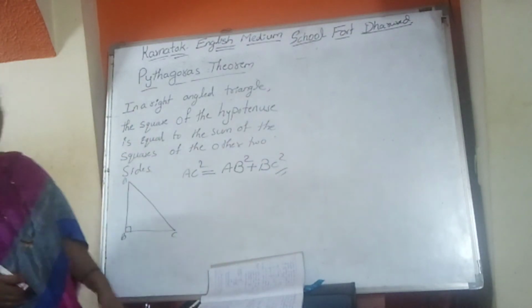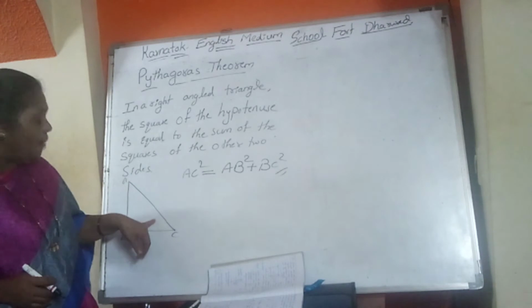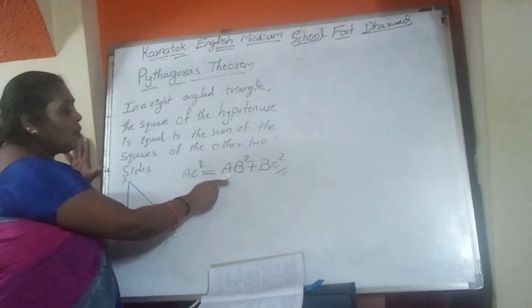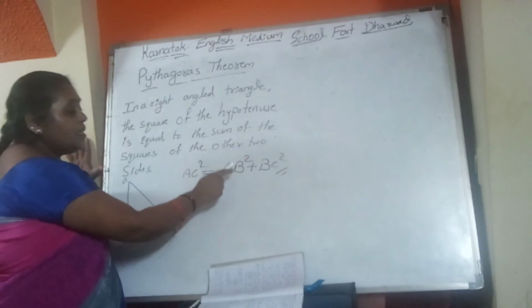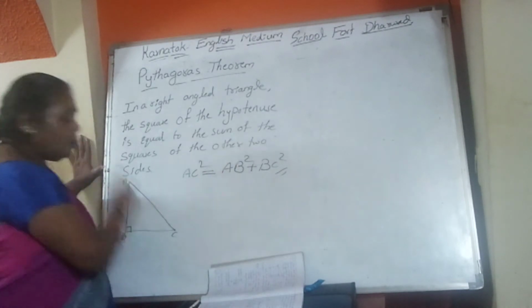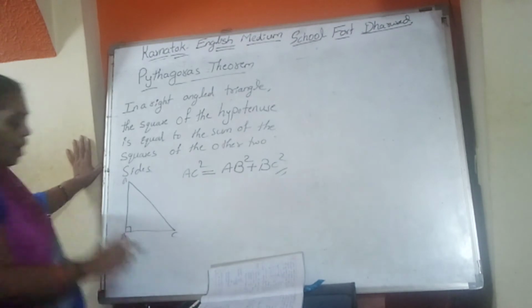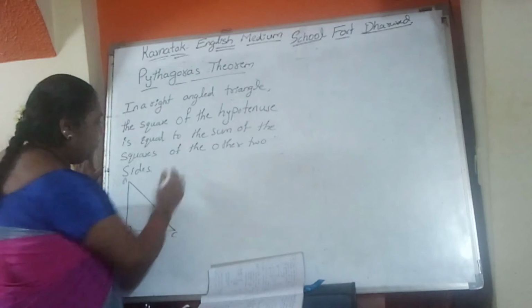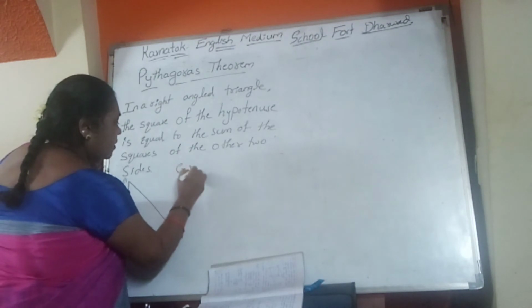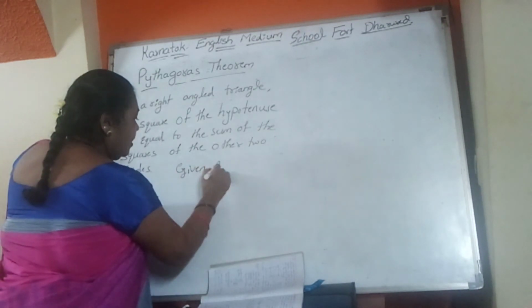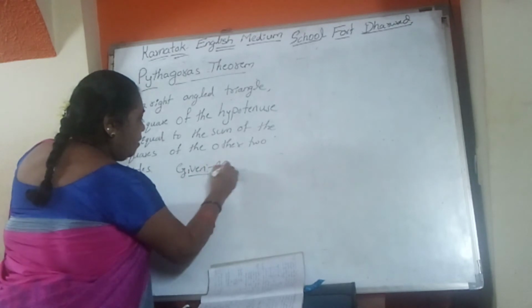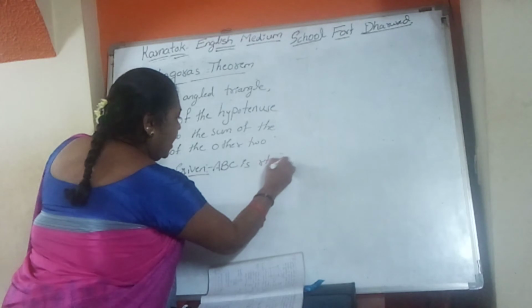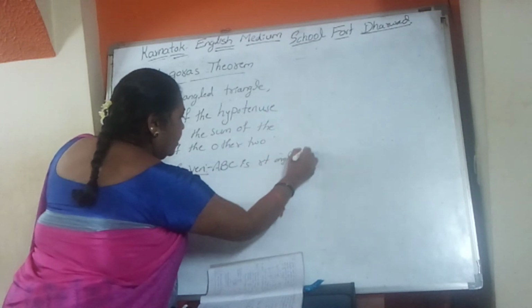You prove this one. How? If the square of the hypotenuse is equal to the sum of the squares of the other two sides, how can you prove this? See, what is given here? Given: ABC is a right angled triangle.